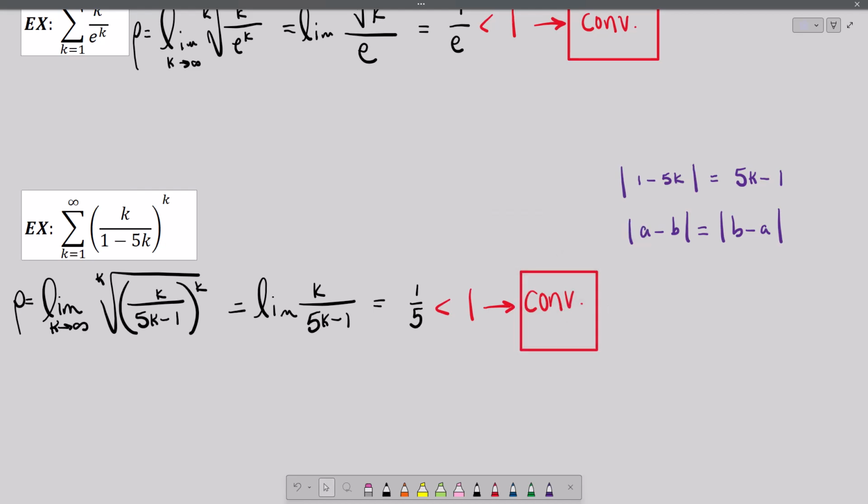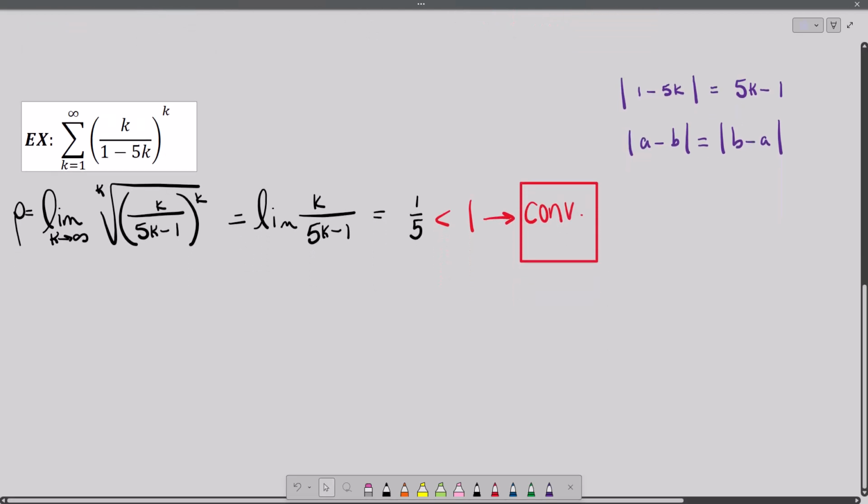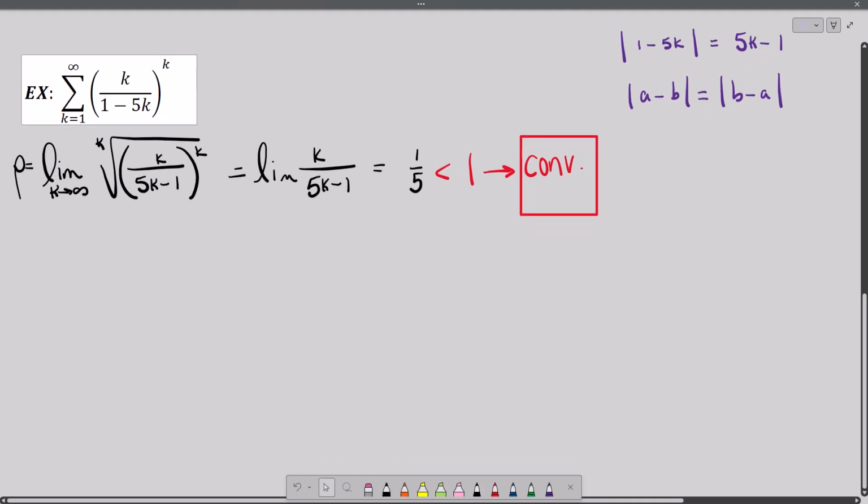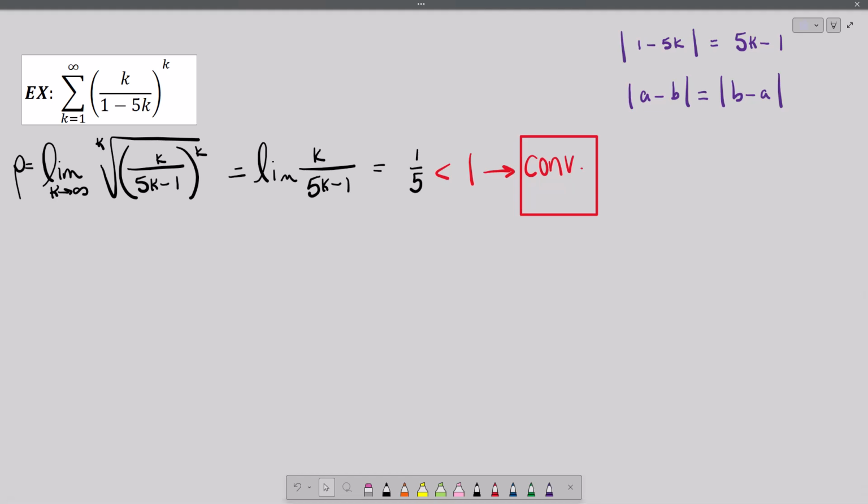Now, just out of curiosity, if we were just thinking about the divergence test for a moment, if we were going to take the limit, so this is the divergence test analysis.